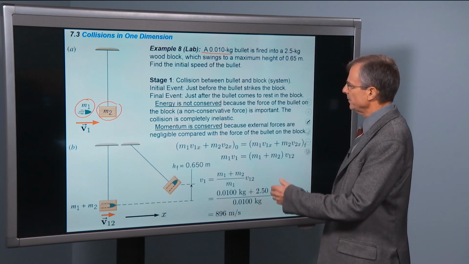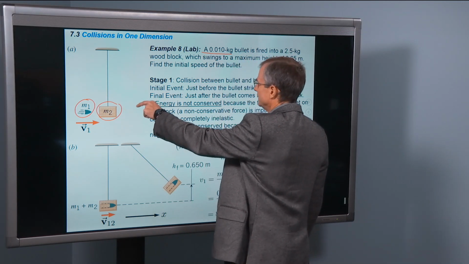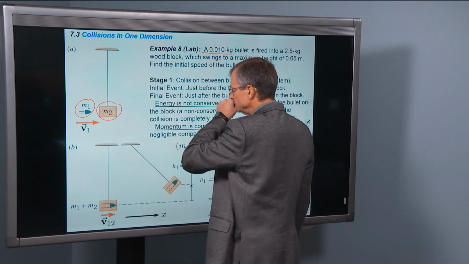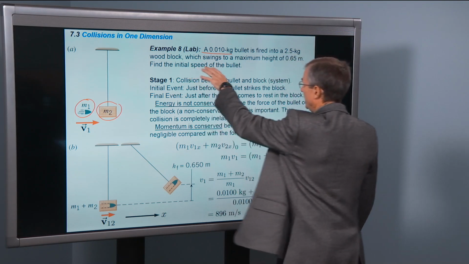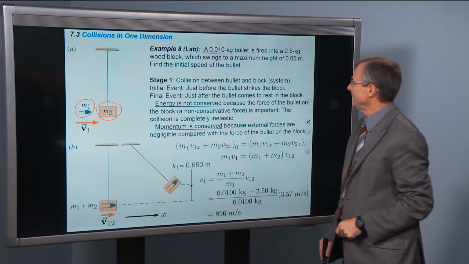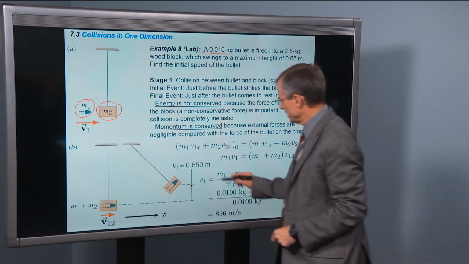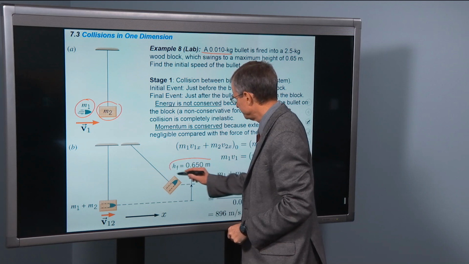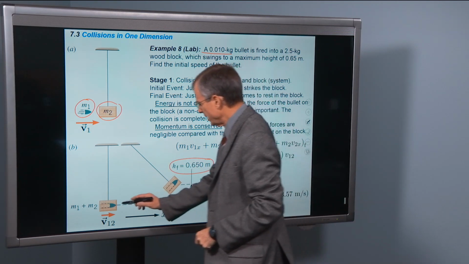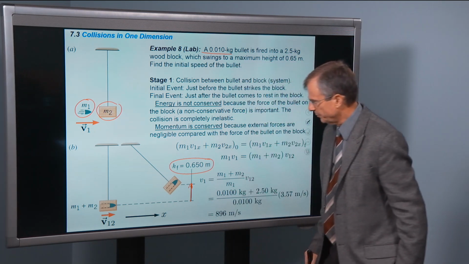Then the block of wood is attached to a string, and then the block swings to a maximum height of 0.65 meters. So that's this height right here. Starts down at 0 and comes up a good fraction of a meter.